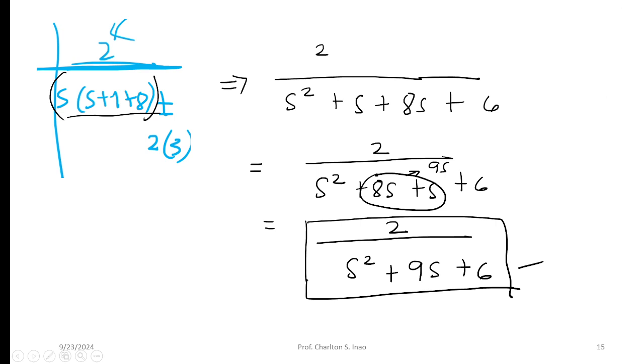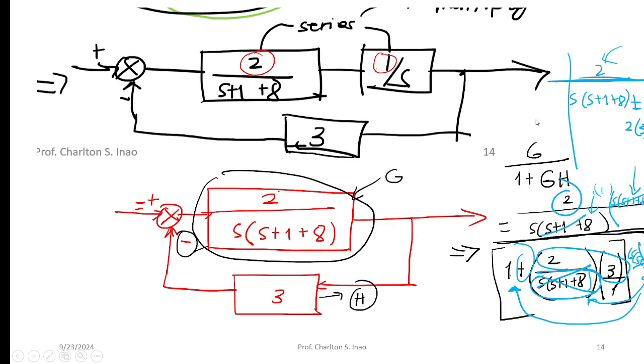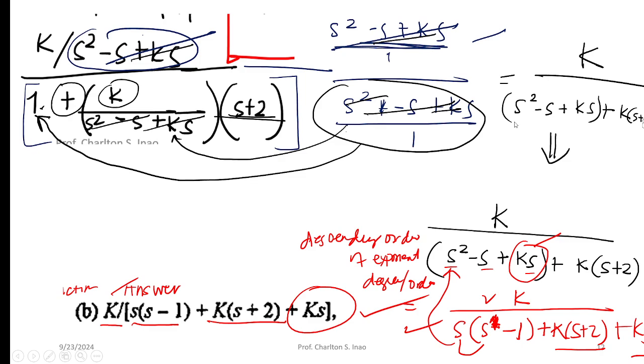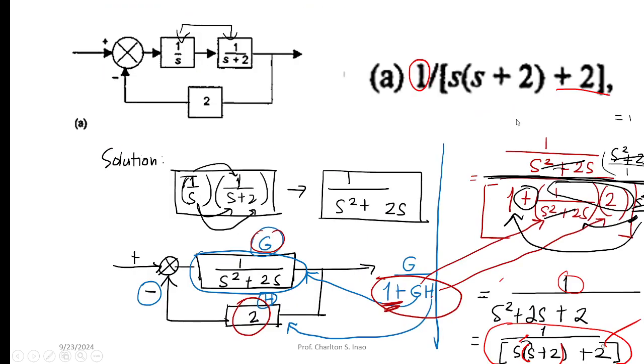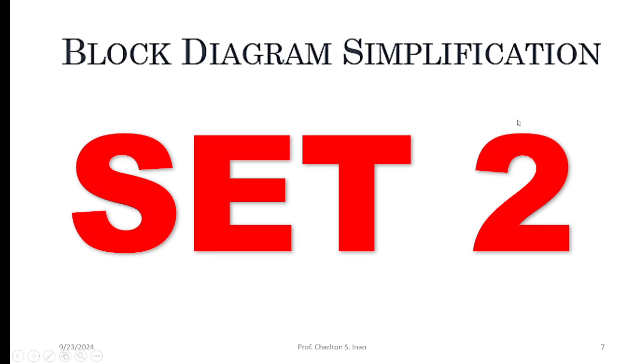Okay, so that's the last problem, which is number 3 or set C of the second set. So I hope you learned something in this block diagram simplification, and later we're gonna continue with more complicated samples. Thank you very much and have a good day.